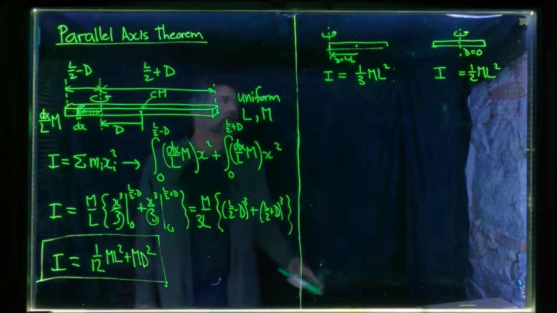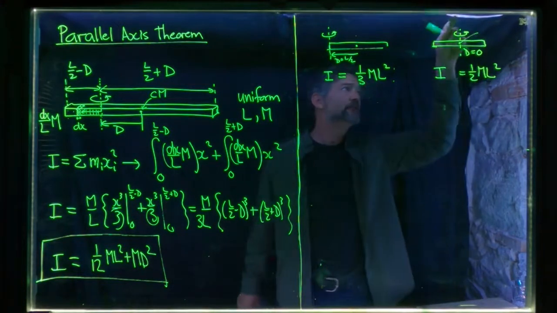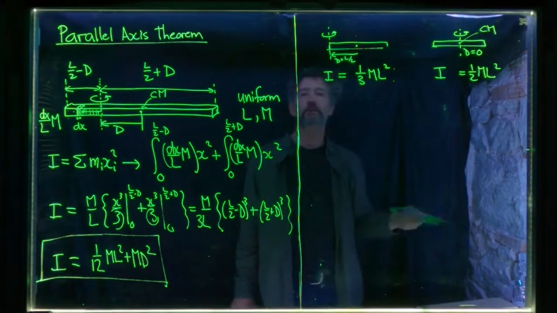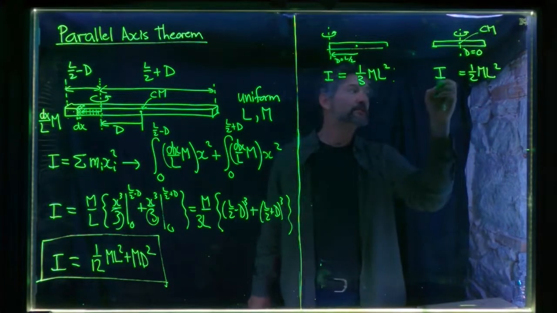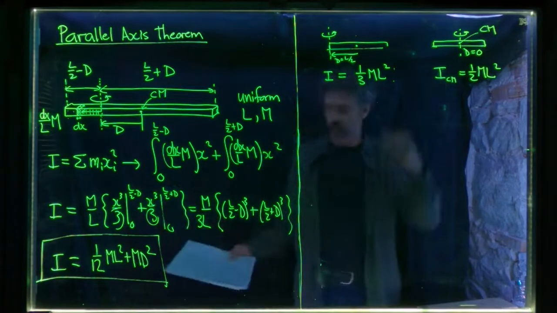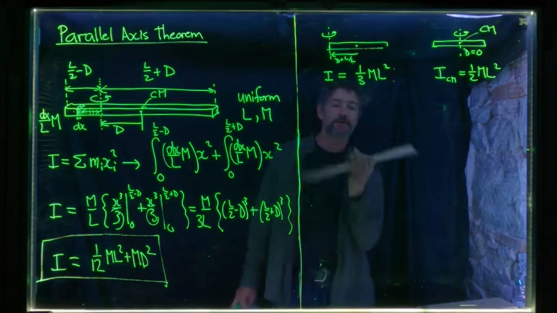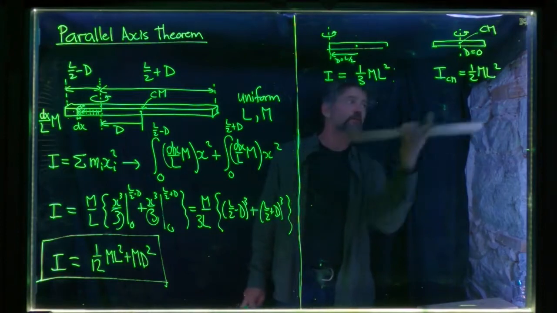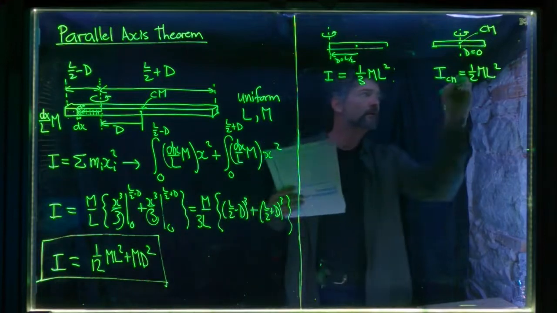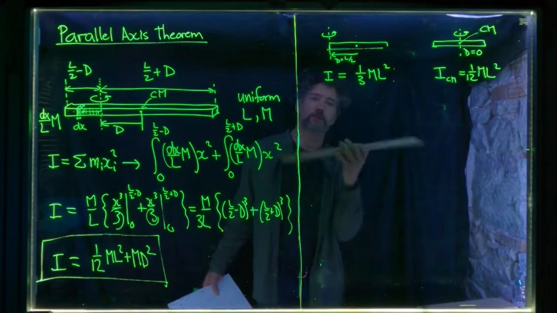Now, because we have an axis passing right through the center of mass point, this moment of inertia is usually given a special subscript, center of mass, I_CM. So the moment of inertia for rotating a rod about its center of mass is 1/12 m L squared.